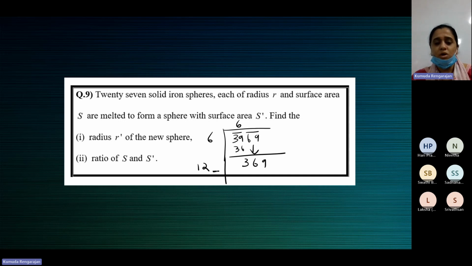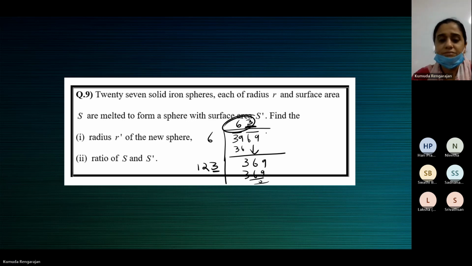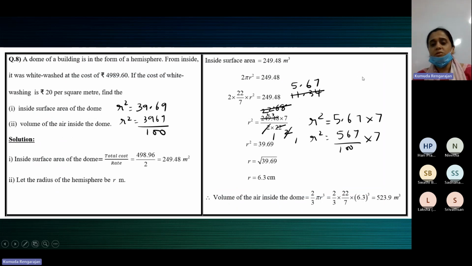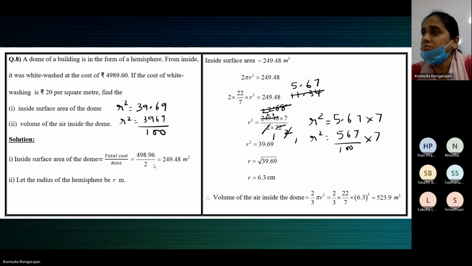So 12. Whatever you place, you must place the same thing here. So 3, 3, 369 and 0. So 63 is the square root. 8 standard. Yeah, the special division method to find the square root of any number, perfect or imperfect square. So using that method, we find the square root, which is 6.3.